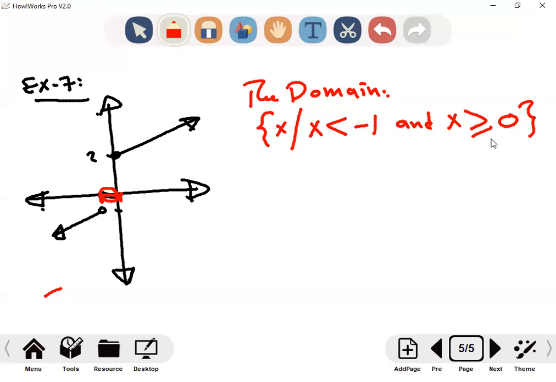That's why I put equal. It means this function is not defined on -1. It is defined on the numbers less than -1. Got it? Open circle, don't put equal. Closed circle, you put equal. This means x more than or equal to 0. You know that, right?